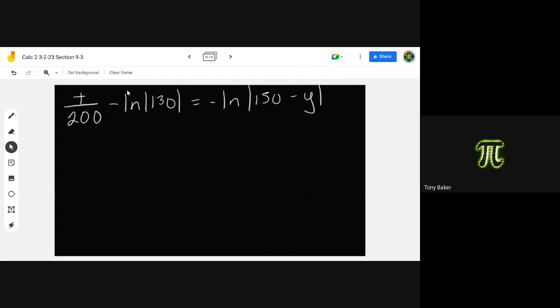First thing we have to do is, whenever you have multiple ln's, get them all on the same side and put them together. So I have T over 200 equals ln of 130 minus ln of 150 minus y.